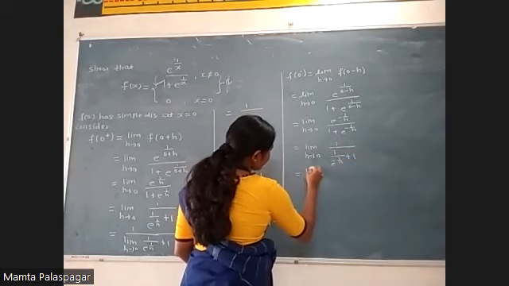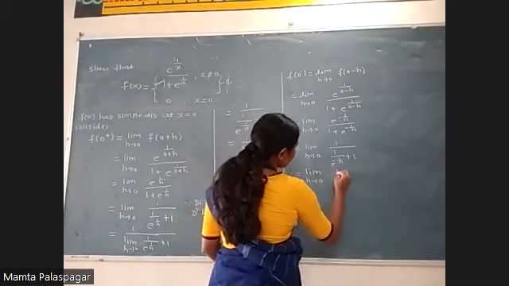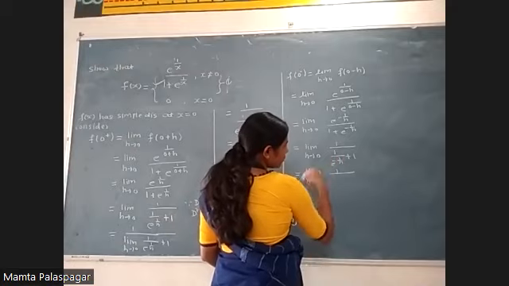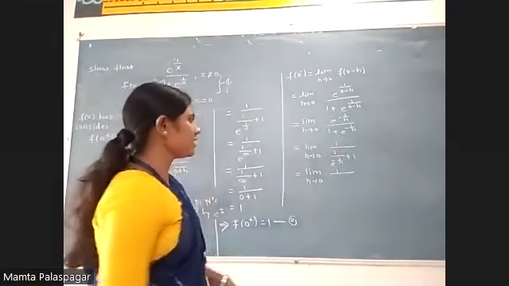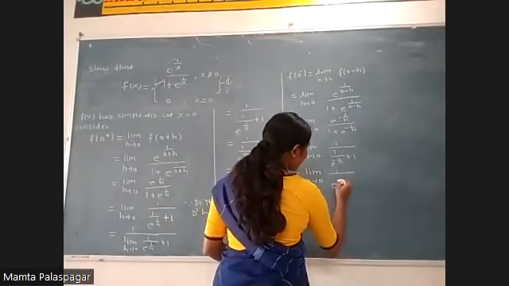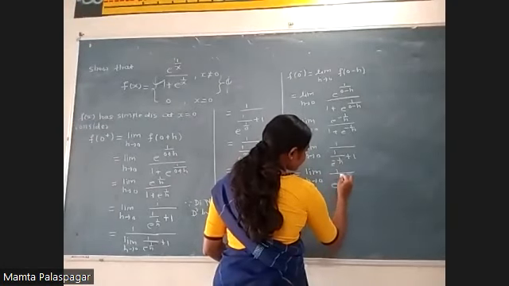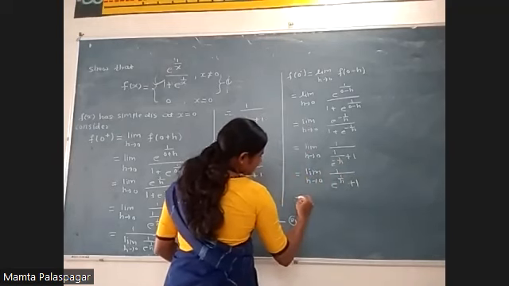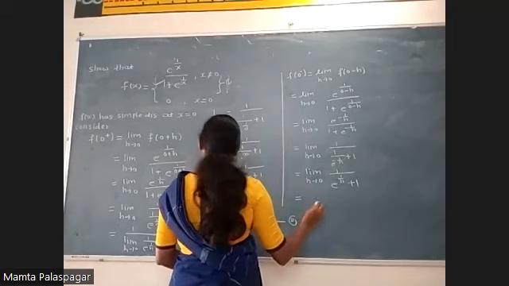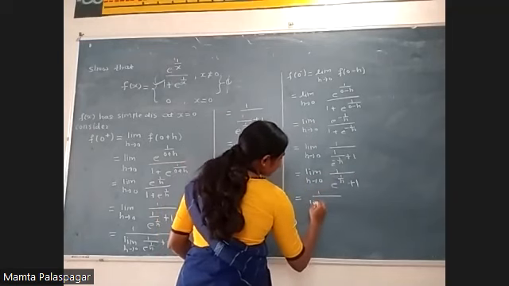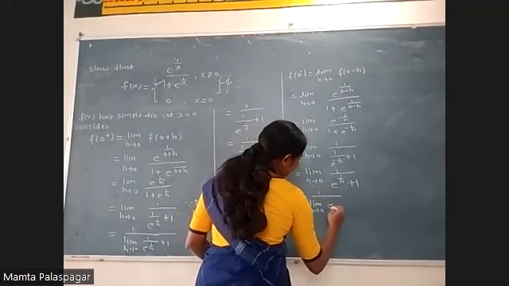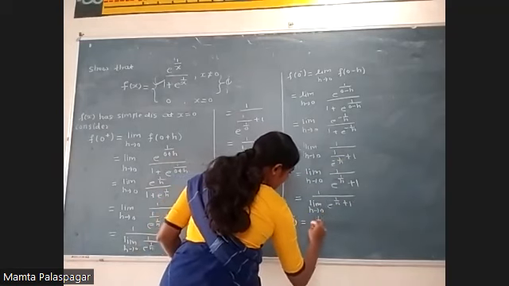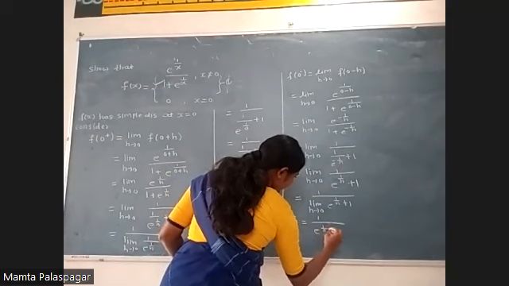Here the denominator contains the negative term, and this term converts into a positive term after shifting to the numerator. So here we get e to the power 1 upon h plus 1, the minus converted into positive. After applying this limit, we get 1 upon the limit h tending to 0 of e to the power 1 upon h plus 1. Okay, which is equal to 1 upon e to the power 1 upon 0 plus 1.